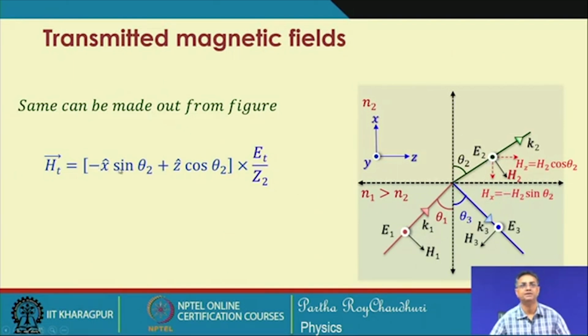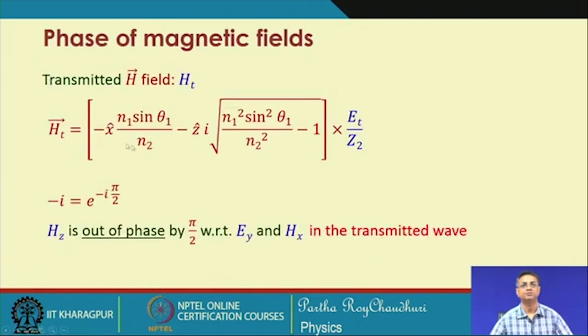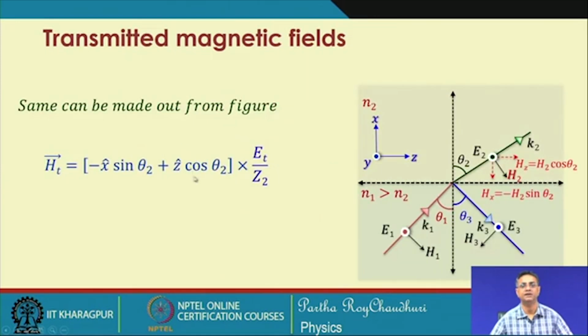So, you have minus sin theta 2, and then because it is in terms of the transmitted electric field, the transmitted electric field divided by the characteristic impedance will represent this H2, that is the magnetic field in the transmitted wave.